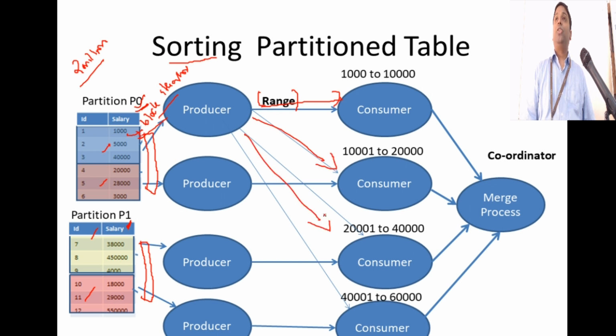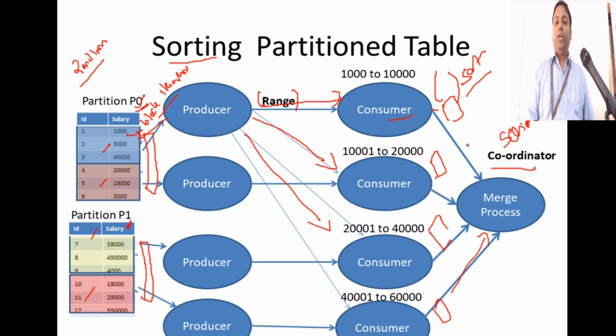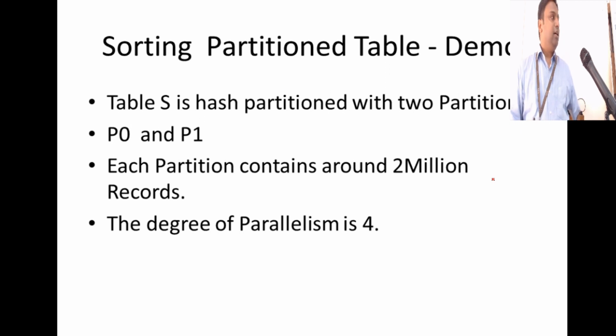Once a consumer gets a record in that virtual table, it starts its operation, sorting. Every consumer will be sorting a set of records, and this set is given to the coordinator. This coordinator is nothing but a serial process. It gets every batch, merges it and gives you the output. So when you go in for partitioning, there is no big difference except for the producers scanning every single partition in blocks. Let us take a look at a demo for this.